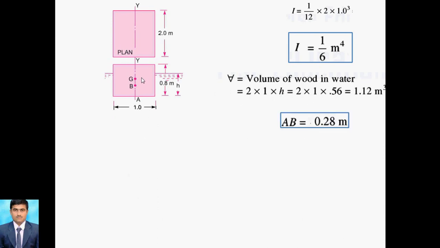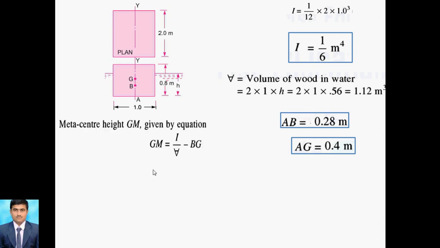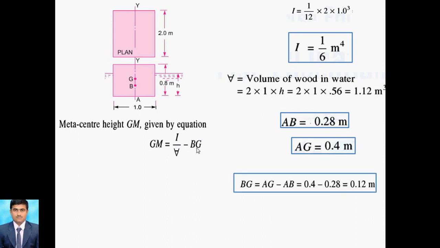AB is already calculated: 0.56 by 2, so we get the value. And the AG value is 0.4, already calculated from the previous section. The next formula is known to you: put the values of I, V, and for BG, AG minus AB. So put AG here, AB here, and we get the value of BG. BG is 0.12.